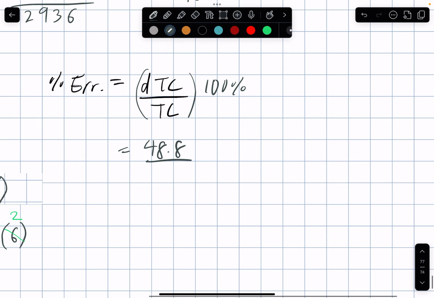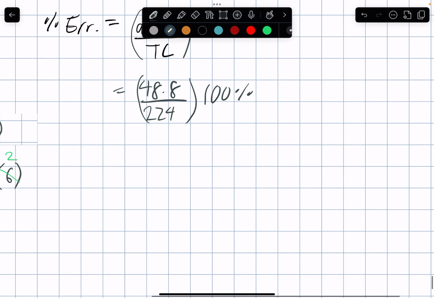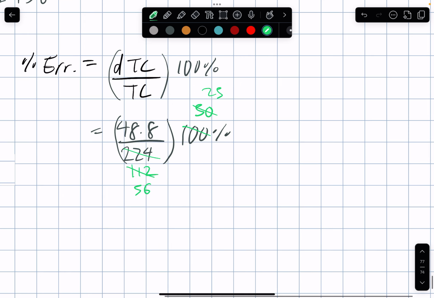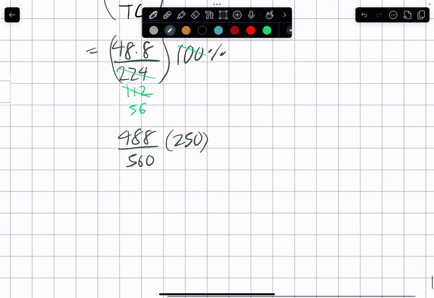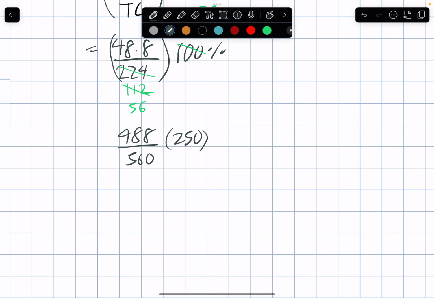And TC is 224 times 100%. Hmm. 112, 50, 25, 5, 6. 488 over 560 times 250. We can rewrite the expression like that.